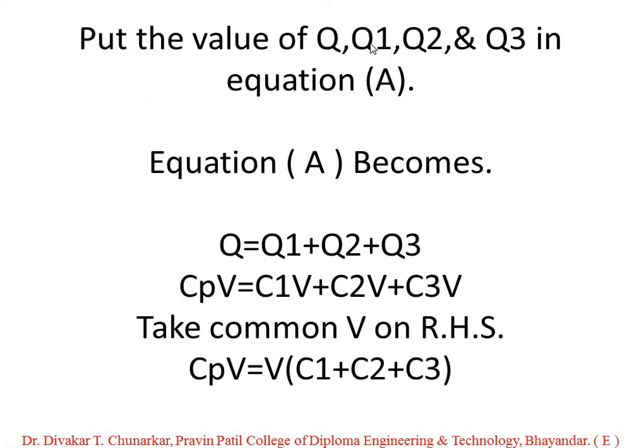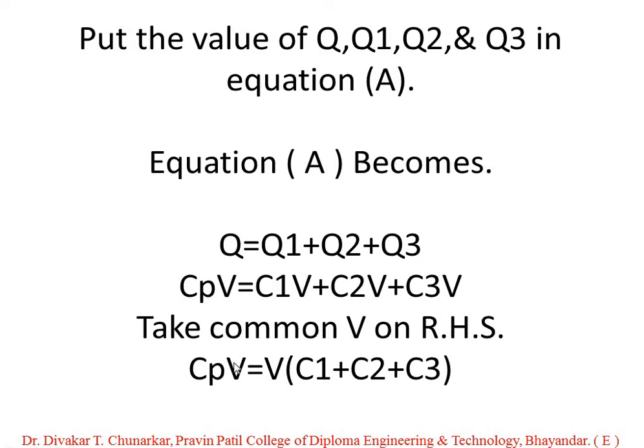So put the values of Q, Q1, Q2 and Q3 in equation A. Equation A is Q equal to Q1 plus Q2 plus Q3. So CpV equal to C1V plus C2V plus C3V. From this equation we have to take V common on the RHS.